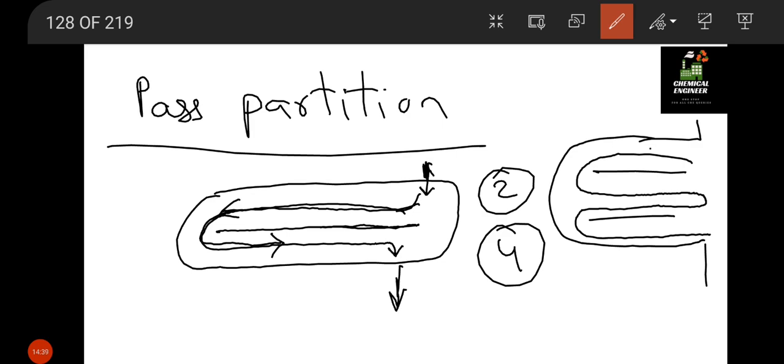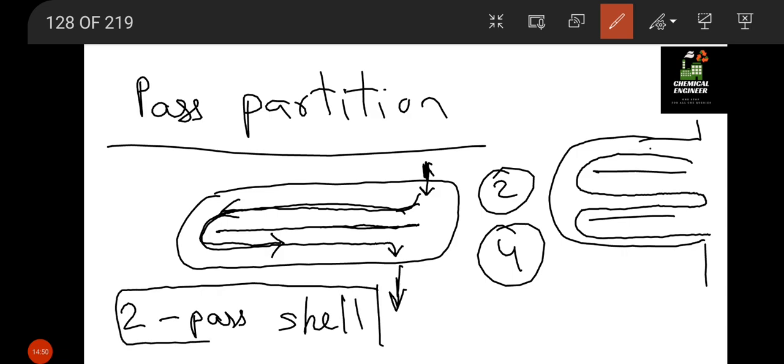In general, in most heat exchangers you will have a two pass shell. Why are we putting two or more passes?